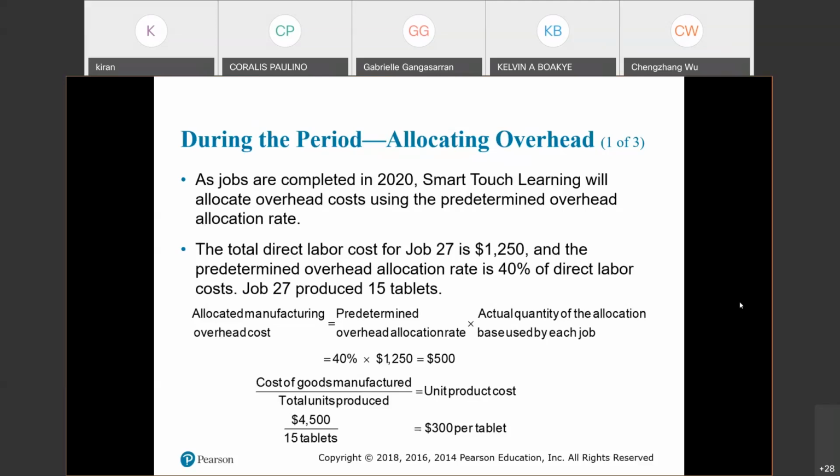So the allocated manufacturing overhead cost is 40% of the direct labor. That is $500.